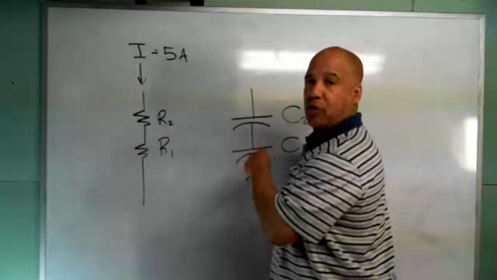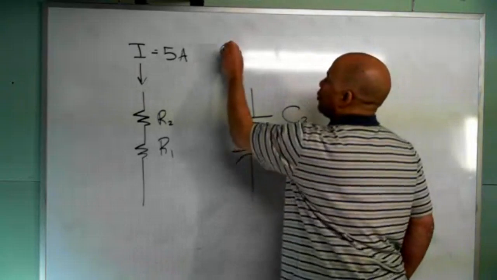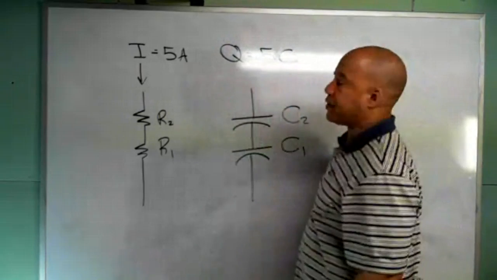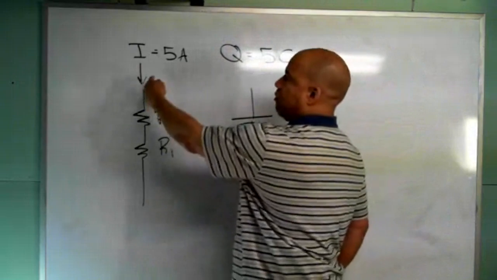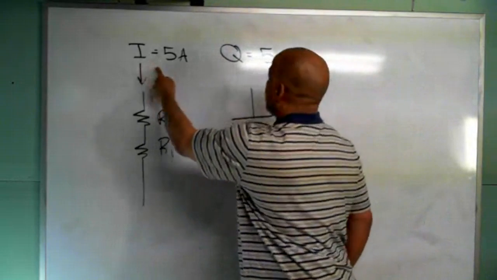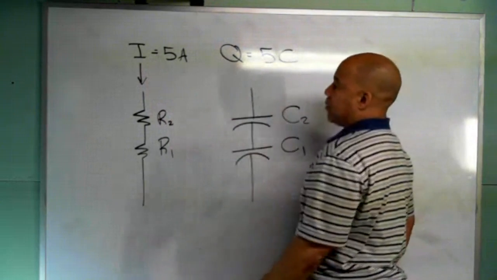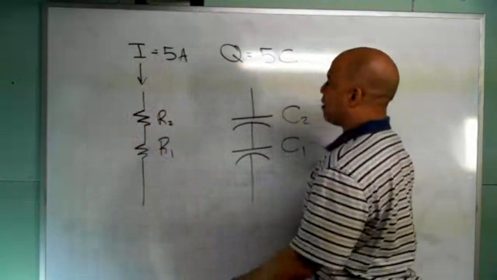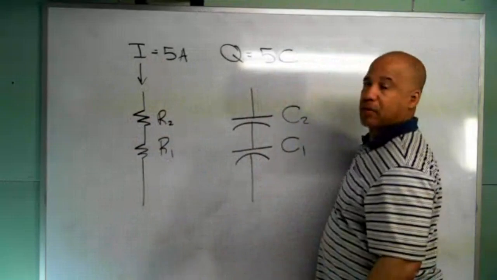Well, that's true of charge in the capacitor circuit. If I say the charge Q equals 5 coulombs, which is a lot of charge, then it's 5 coulombs everywhere. So whatever's true for current in the resistor circuit is true for charge in the capacitor circuit. So here, resistors in series, the current is the same everywhere. Here, capacitors in series, the charge is the same everywhere.